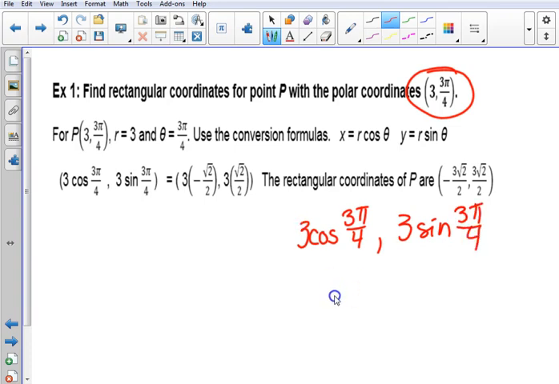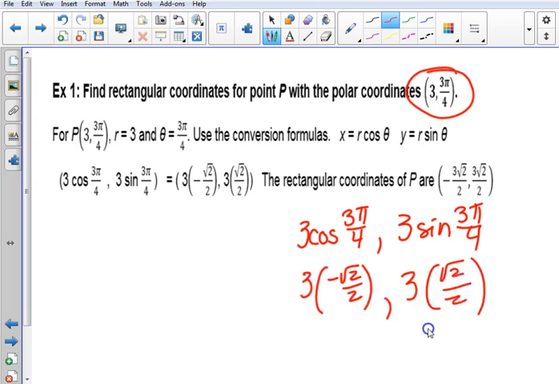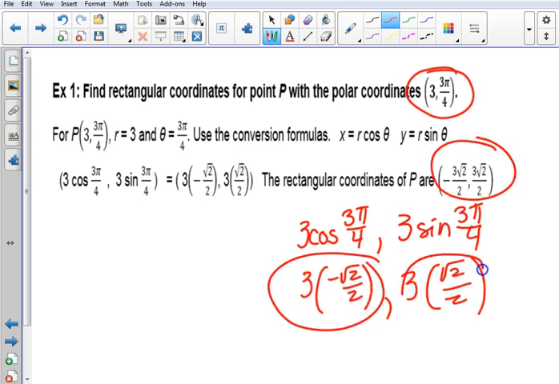We're going to look at our little unit circle, and you're going to tell me the cosine is negative square root of 2 over 2, and the sine is positive square root of 2 over 2. So this becomes negative 3 square root of 2 over 2 by positive 3 square root of 2 over 2. So we just changed from polar to rectangular, and this was one that could be exact values, okay?